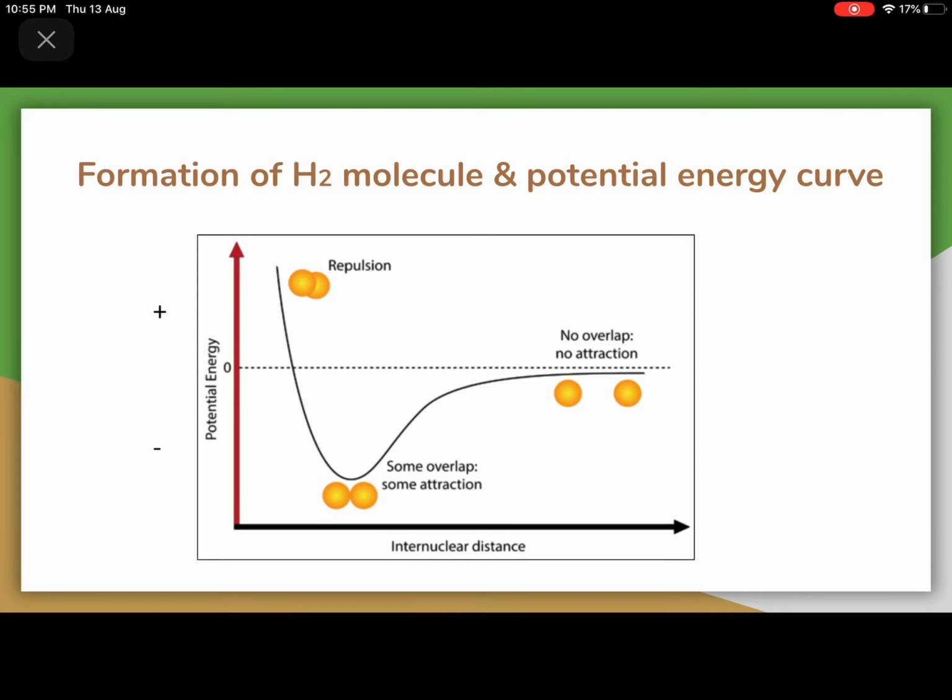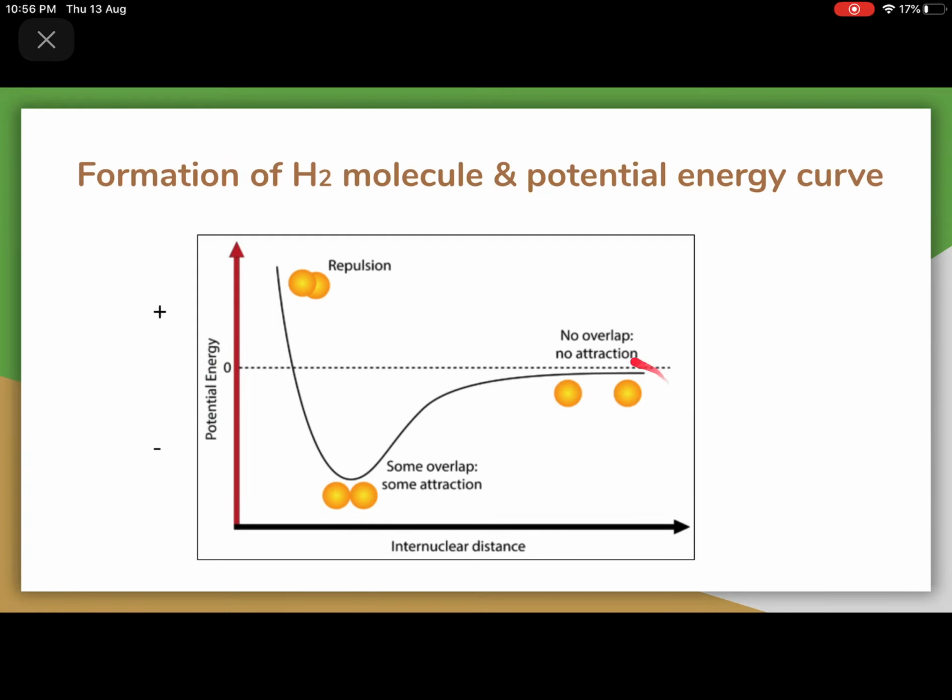Initially, the two hydrogen atoms are away from each other, as you can see here. So initially there is no overlapping and no attraction, and hence their initial potential energy is considered as 0.